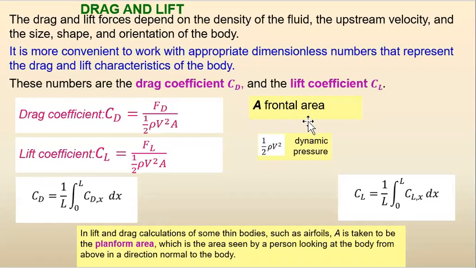The lift coefficient, for the calculation of the lift force, is equal to the lift force divided by 1/2 density times velocity squared times the area, again the frontal area, the area that you can see when you are standing in front of the object, not at the side of the object.